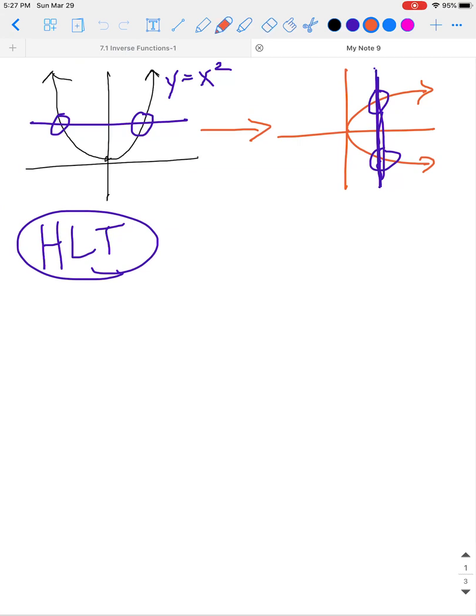So let's look at that a little bit further. Let's go to my note here. So this is what I was using from last time. And let's consider how we would normally write y is equal to f of x.